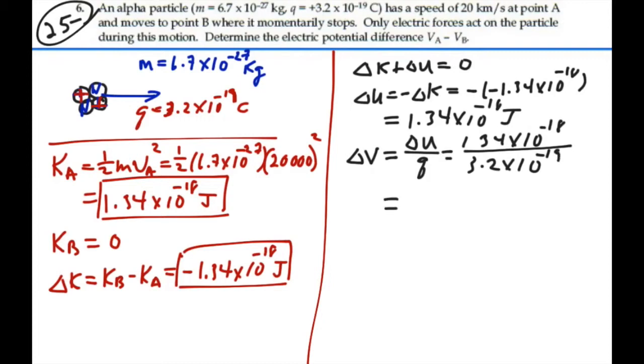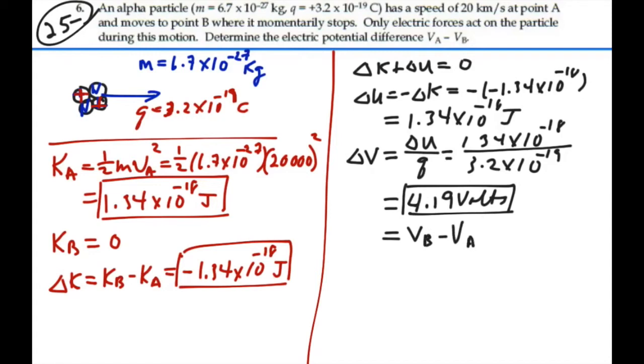And what is that? 4.19 volts. Okay? That is equal to our final potential minus our initial potential. So that is equal to VB minus VA.